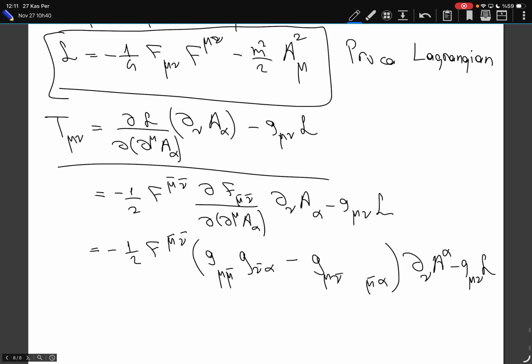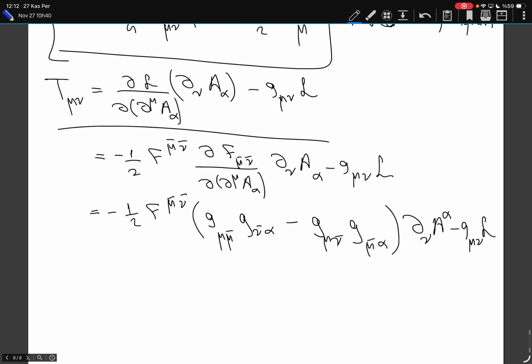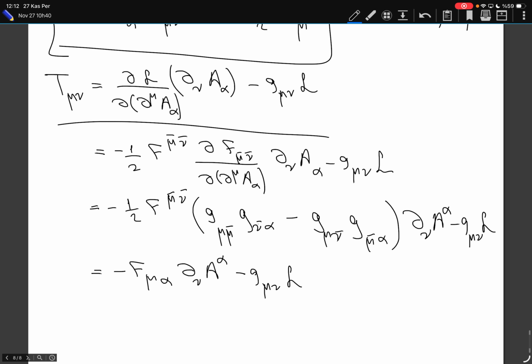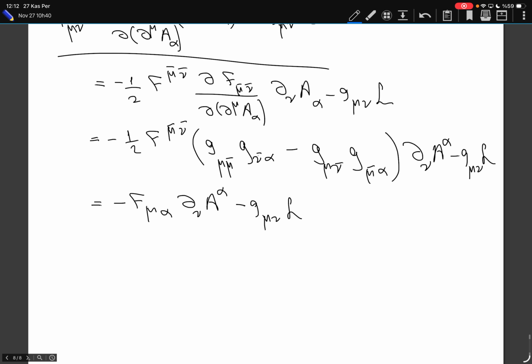Basically, because I'm raising and lowering using the metric, the metric multiplied by the Kronecker delta will just give me the metric, which will be minus F mu alpha del nu A alpha minus G mu nu L. This is my T mu nu.